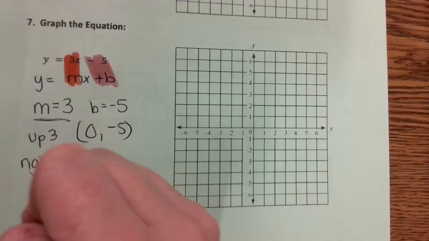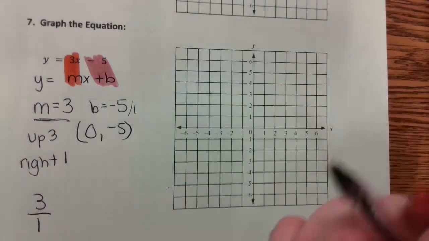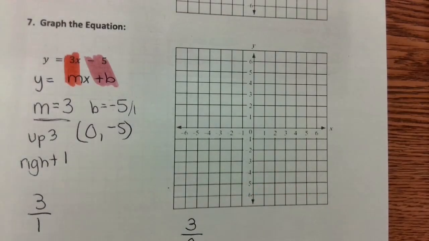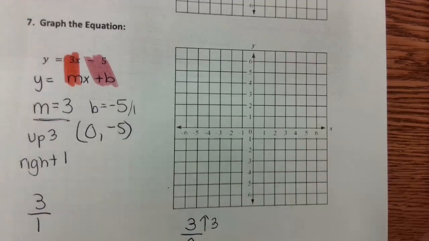Remember, mathematicians don't feel the need to write whole numbers as fractions, right? We could even write this as a fraction. We just don't, because that would take more time. And part of the thing about mathematicians is we like to be efficient, we like to be fast. So even though you don't see a 1 there, it means it is there. Think about it like this. If it was just 3 and there was a 0 on the bottom, that would mean that I was going up 3 and then not moving right at all.